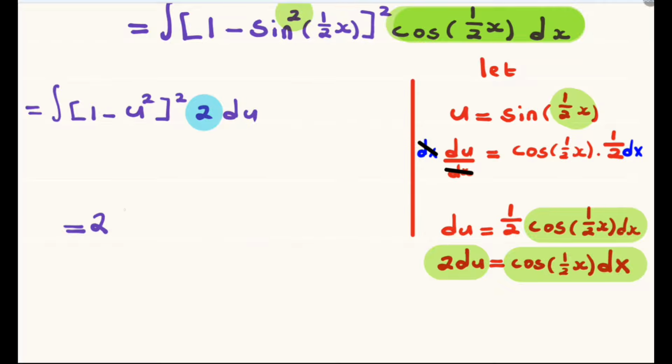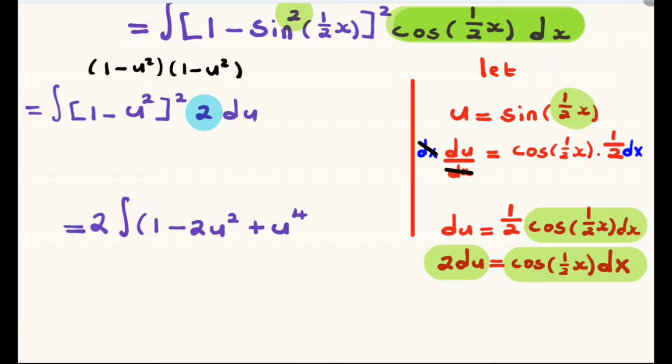So we have 2 times the integral of, so we can expand and have 1 minus u squared multiplied by 1 minus u squared. The 1 squared is equal to 1, and 2 multiplied by 1 multiplied by negative u squared will be negative 2u squared, and the negative u squared will be positive u to the power 4 du.